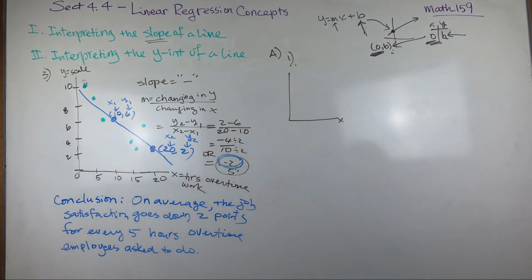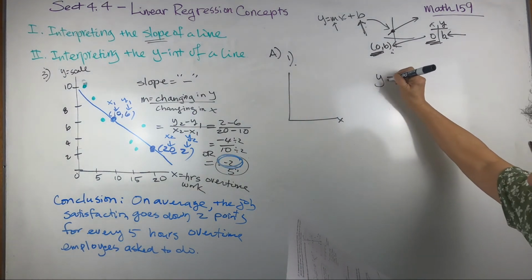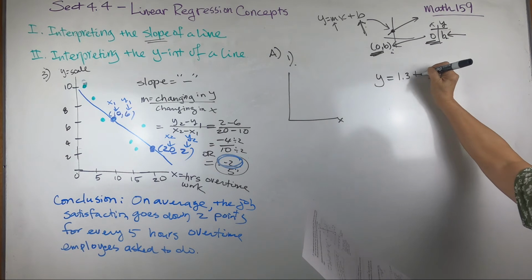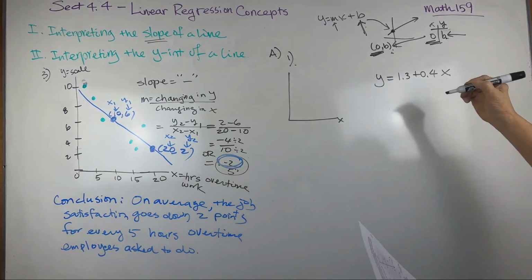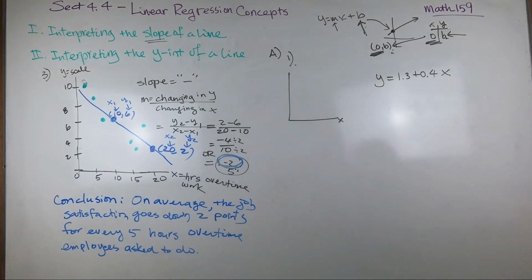The equation of the regression line was found to be Y equals 1.3 plus 0.4X. Interpret the y-intercept of the regression line in the context of the study and explain why it has no practical meaning. Okay, let's figure out why.